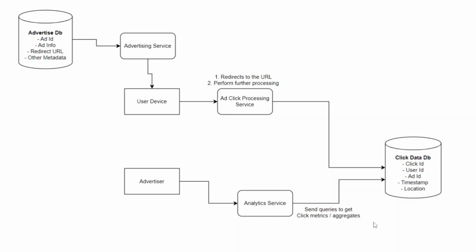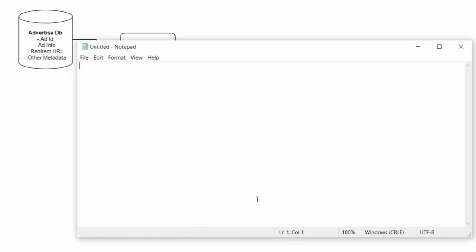So what kind of queries could this be? Let me give you an example of one query. Let me write that query. This query would be written to get total clicks and total unique users.